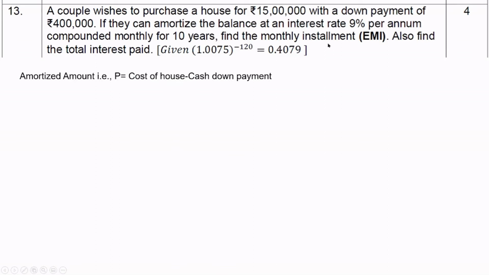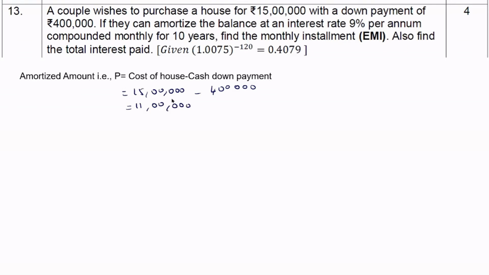We need to find the monthly installment. So here the amortized amount P is equal to cost of the house minus cash down payment. So cost of the house is 15 lakhs and down payment is 4 lakhs. So this is equal to 11 lakhs.